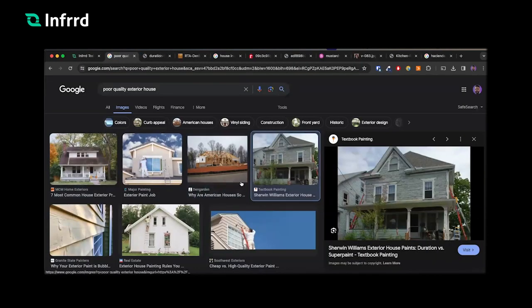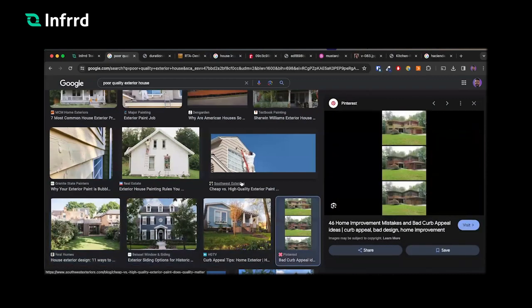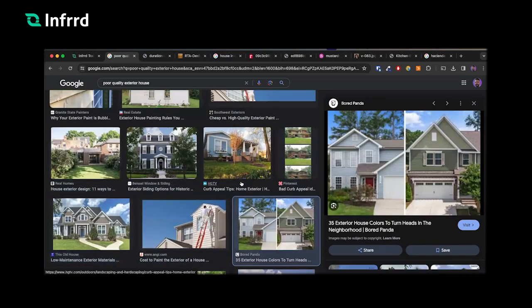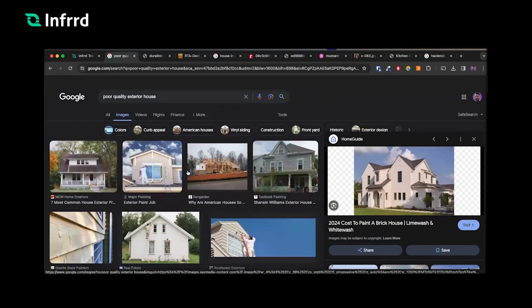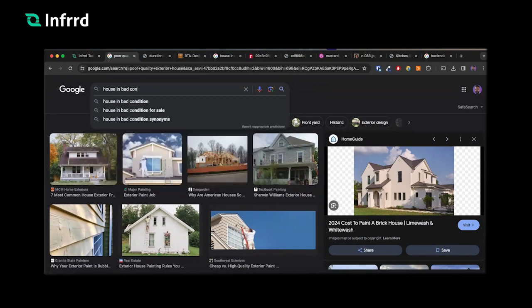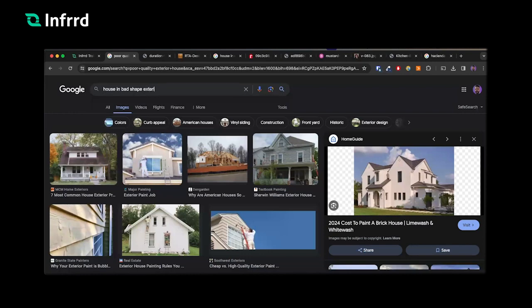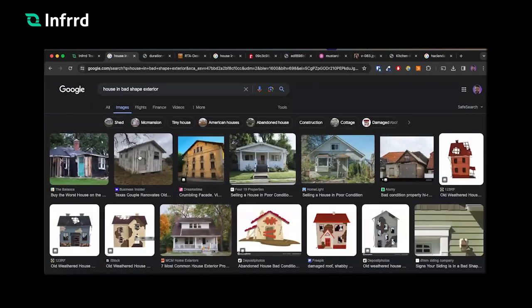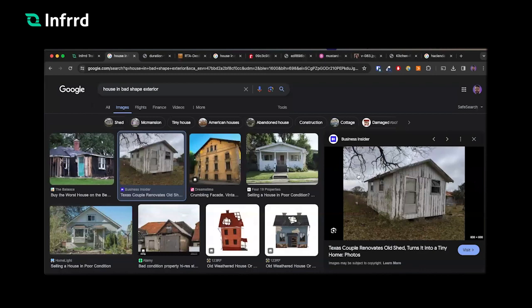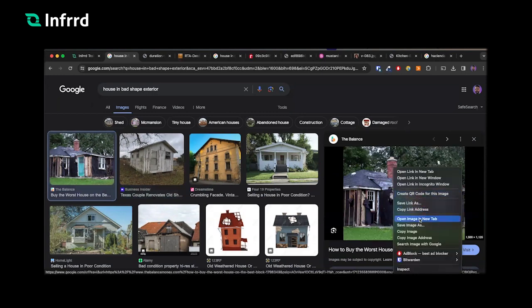Let's maybe pick another one. I think my search term is probably, yeah, let's try that. Or destroyed house even might work. That's more like a shed than anything. The first one, or even the one below that.